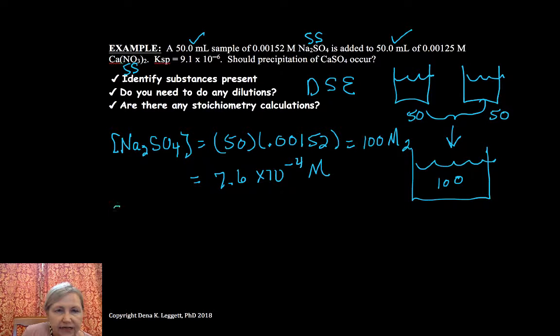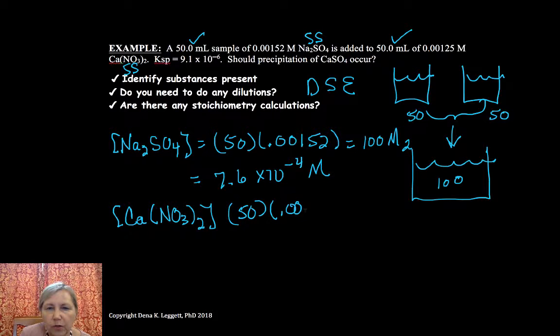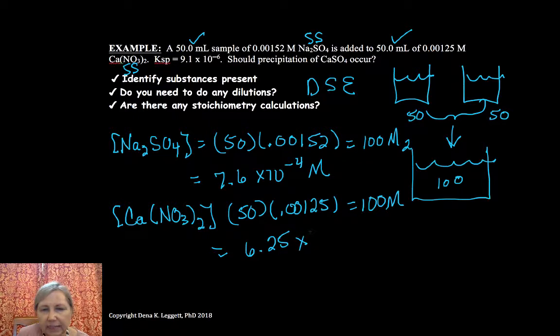And likewise, for my calcium nitrate, I have 50 times 0.00125 is equal to 100 times its new molarity. Its new molarity is 6.25 times 10 to the minus, oh, sorry, 4th molar.